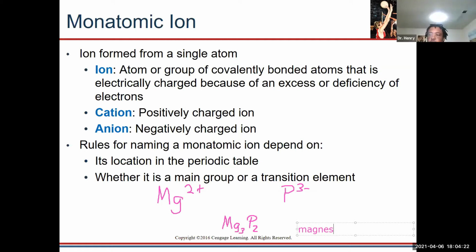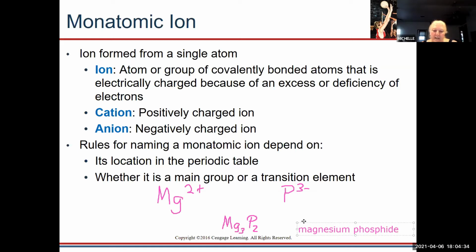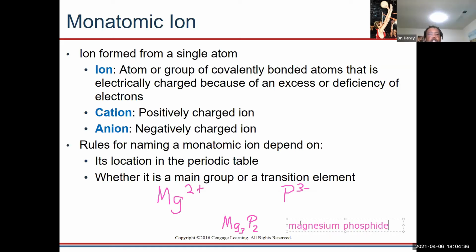So we'll call it magnesium phosphide. Right? Because these guys are charged, they set the standard of how many there are. So you don't have to tell me how many there are. Do you understand that?